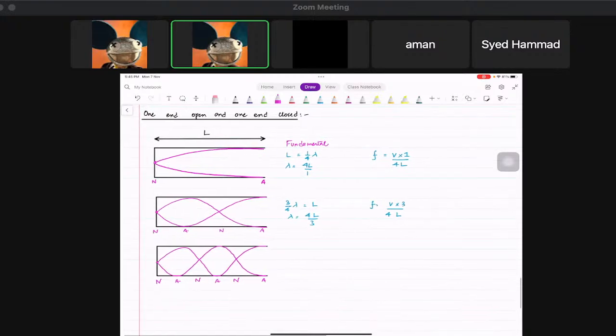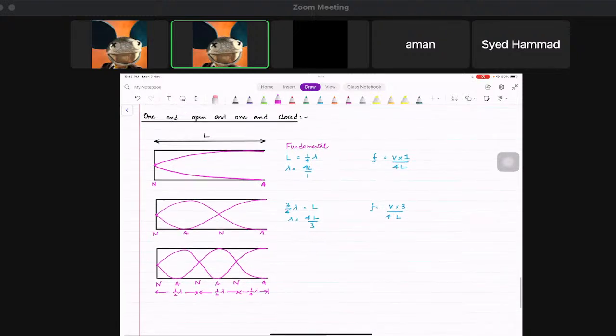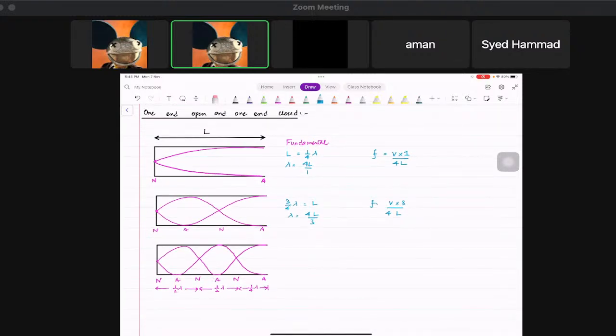Now if you look at it, this is half lambda, this is also half lambda, and this is a quarter lambda. If you add them together, this is going to be 5 over 4 lambda, which is equal to length. So lambda will be 4L by 5. I hope you guys see the pattern here. And the frequency will be V times 5 over 4L.